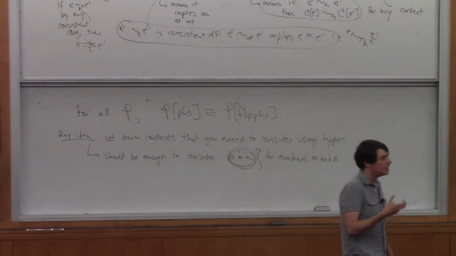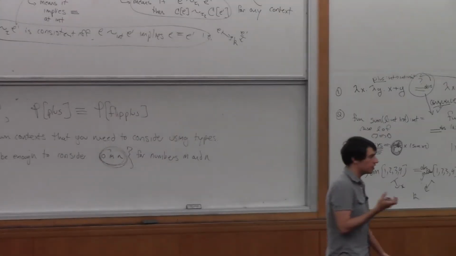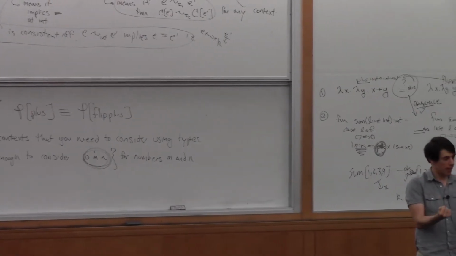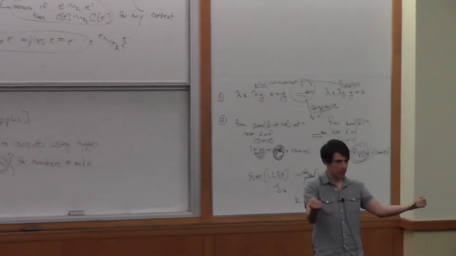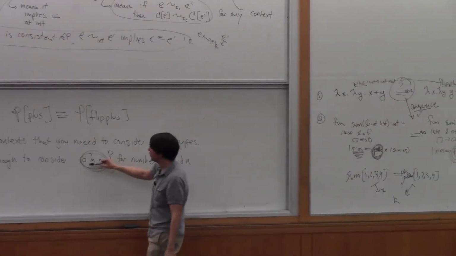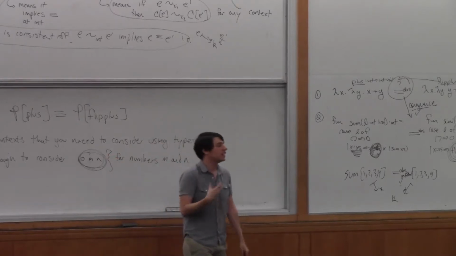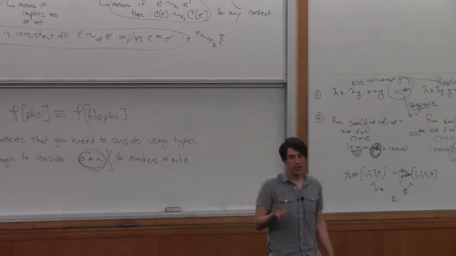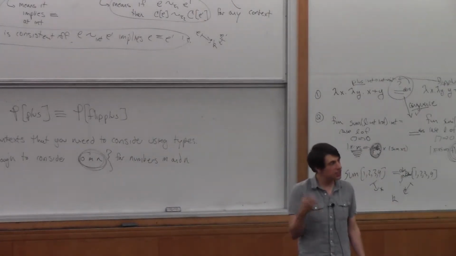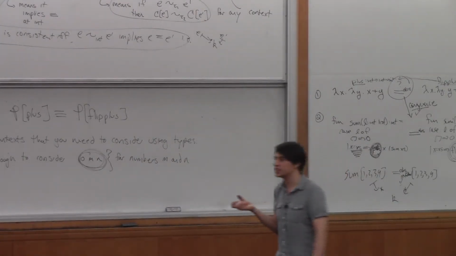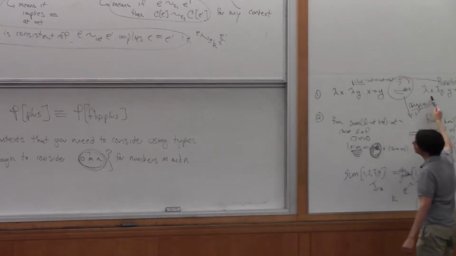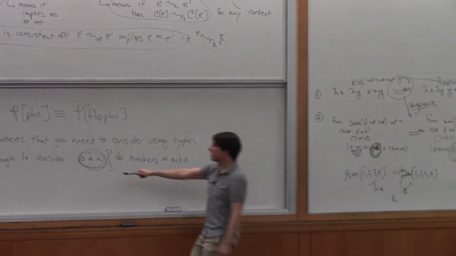It's the idea that to know if two functions are equal, if you're thinking of a function as a black box that takes inputs to outputs, somehow if you know that it does the same thing on all inputs, gives you the same output, that should be enough. Okay? So what we want to do now is to develop a way of reasoning about observational equivalence where to prove that these two programs are equal, all we have to do is check something like that.